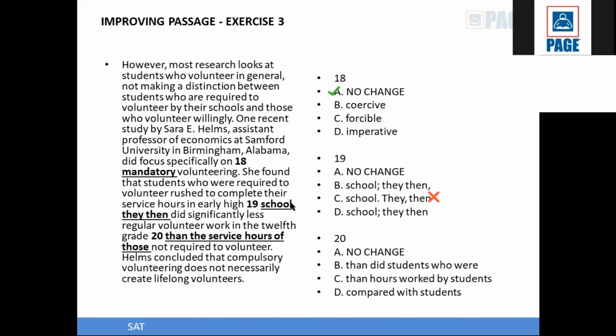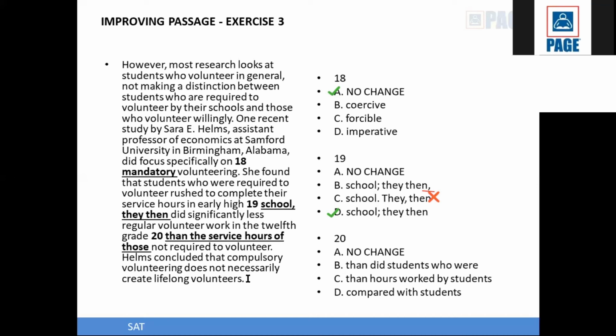Now early high school, semicolon, they then did significantly. So B and D look alike. They then. So in B you have got a comma. So we cannot go with the comma. There is no need. So answer is D. Those who have given D, answer is right.